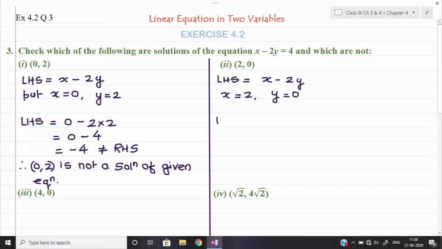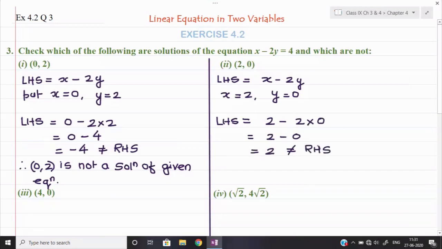So the left hand side will be 2 minus 2 into 0. The first 2 I keep as it is, and the other two I will multiply first. So 2 into 0 is 0 and 2 minus 0 is equal to 2, which is definitely not equal to the right hand side.